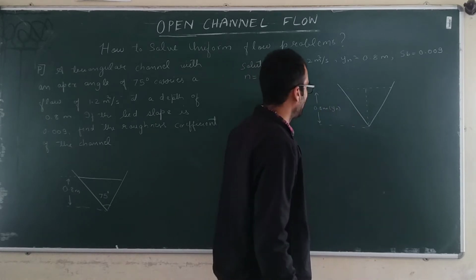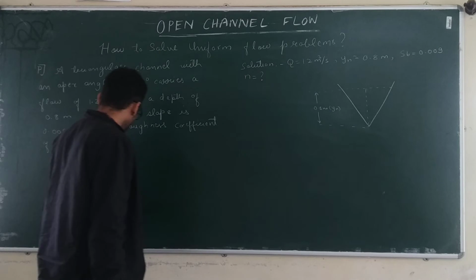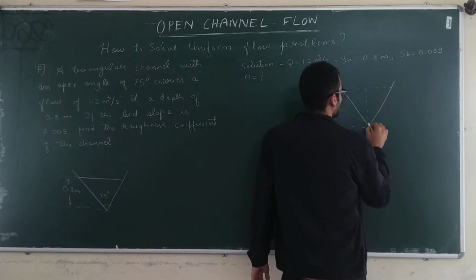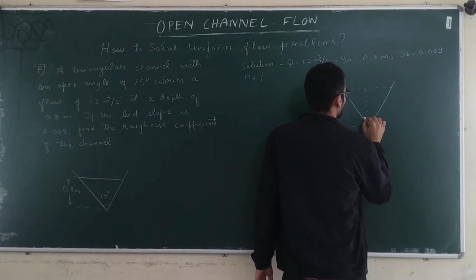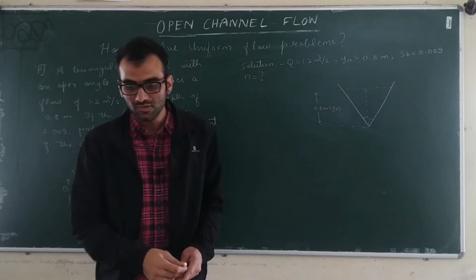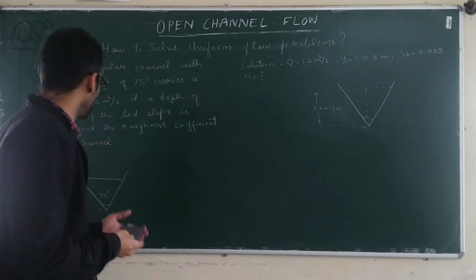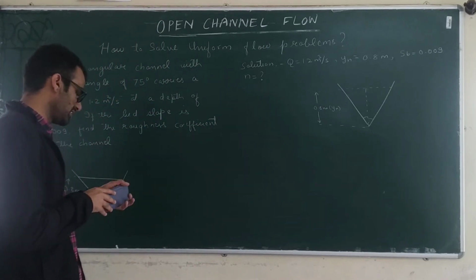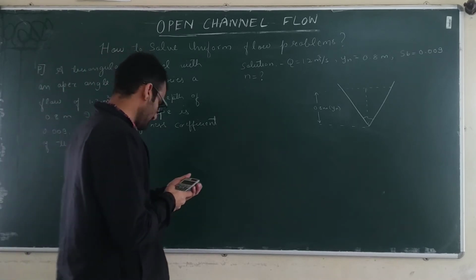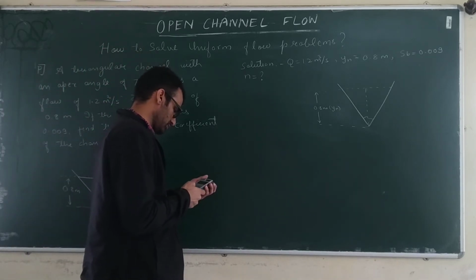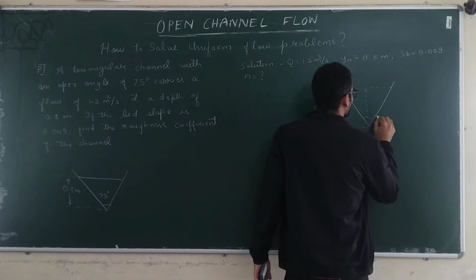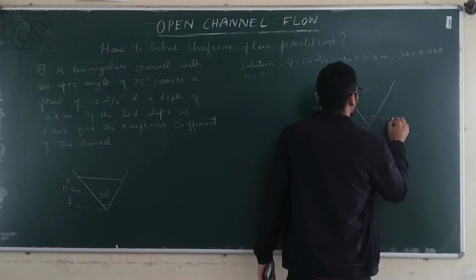Now this angle is 75 degrees. So now this center line, if we divide, then these angles would be half. 75 divided by 2 is 37.5, so both the angles would be 37.5 degrees.